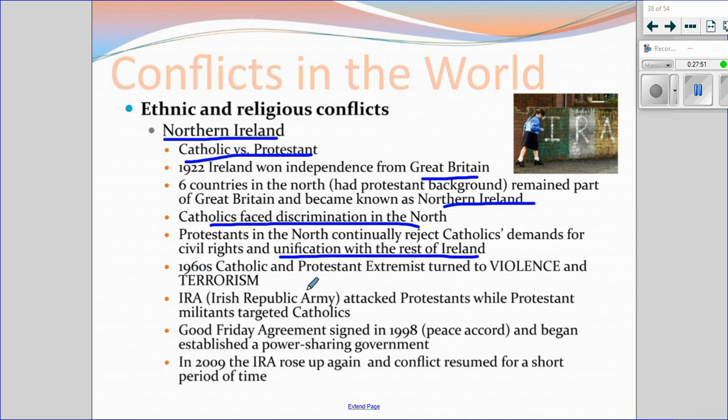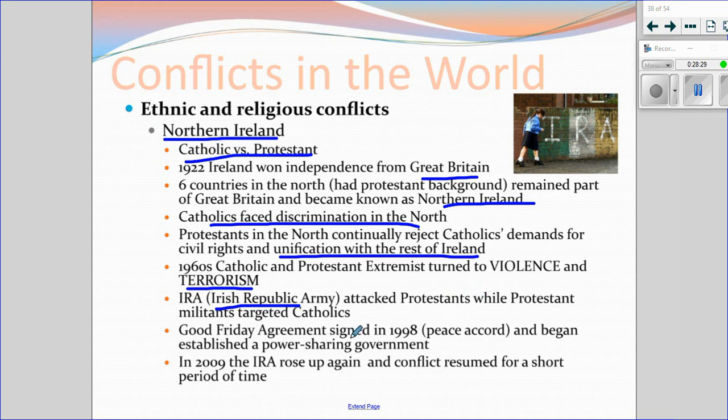In the 1960s, Catholic and Protestant extremists turned to violence. And what you're going to get is a period known as the Troubles. The Troubles was basically where you have Irish separatist groups, namely the Irish Republican Army, who used terrorism, mainly in the form of improvised explosive devices, to target Protestants and target UK military forces in an effort to win independence for Northern Ireland.